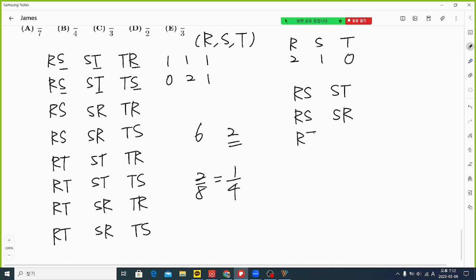Or R can give money to T, or $1 money to T instead of S. So when we think of these 4 cases, the first case makes now R has $1 and S also has $1 and T has $1.